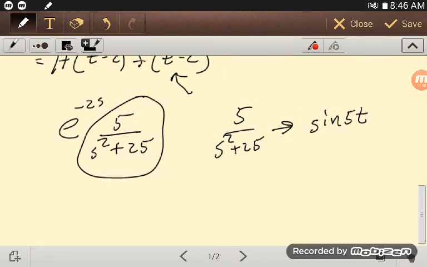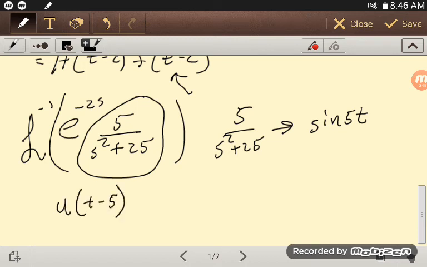And so what that would mean is my answer here, if I take the inverse Laplace transform of this thing, is simply, now I'll switch back to the unit step function, u of t minus 2, and then sine of 5 times t minus 2. Okay, is what we get for that inverse Laplace transform.